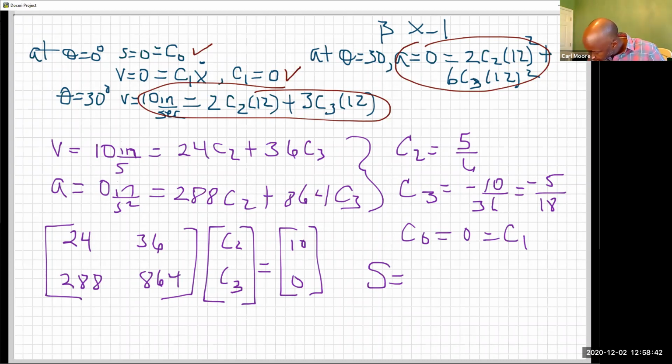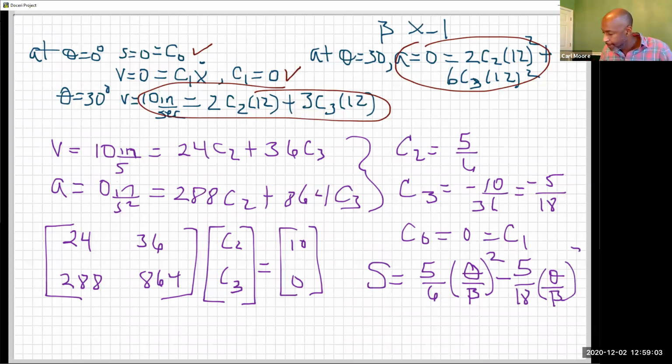So it's going to be C2, or 5/6, times theta over beta, and that's a squared term, minus 5/18 times theta over beta, a cubed term. And of course, we also could write down our velocity and our acceleration equations in similar fashion now that we know all of our constants.